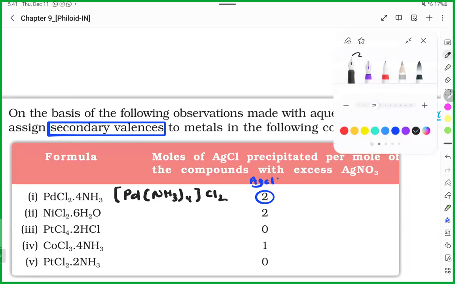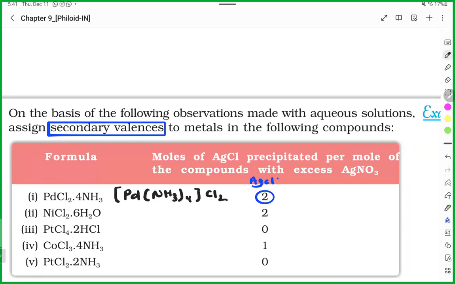Then it can form two AgCl. Same here, two AgCl means two chlorines will be outside. How should I write it? Nickel, H2O 6 times and 2Cl out.